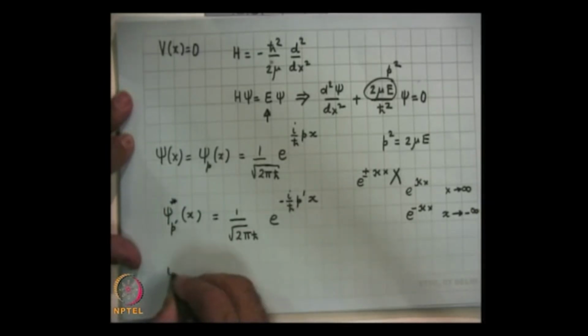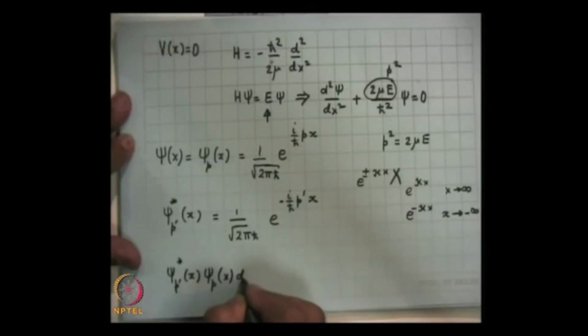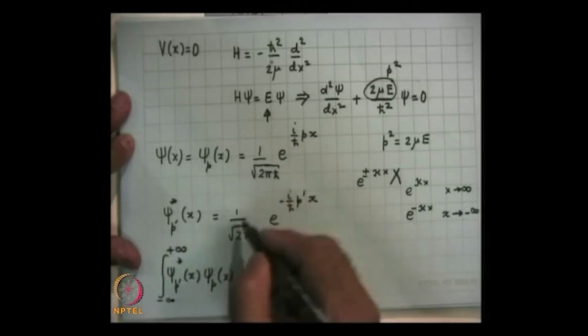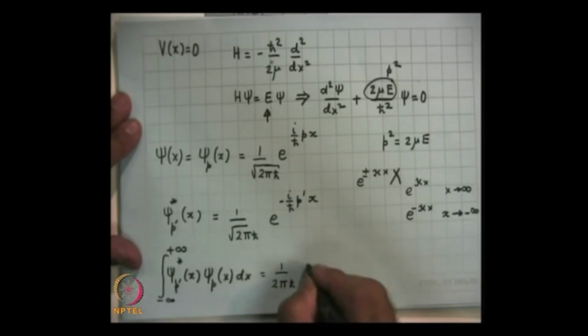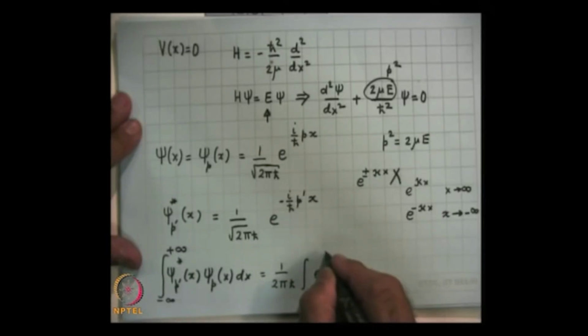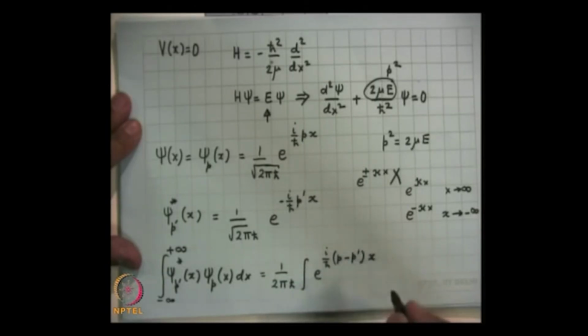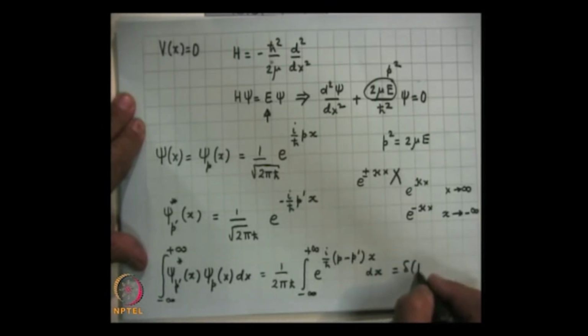Then the integral of psi p prime star of x psi p of x dx from minus infinity to plus infinity gives 1 over 2 pi h cross, integral of e to the power of i by h cross (p minus p prime) times x dx from minus infinity to plus infinity. So, this is the Dirac delta function, delta of p minus p prime.